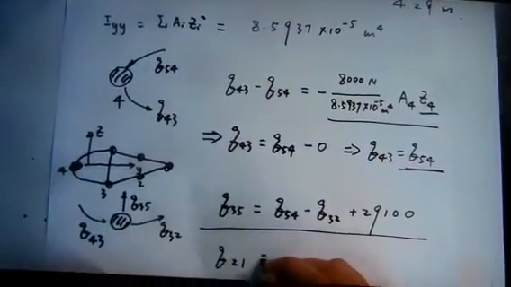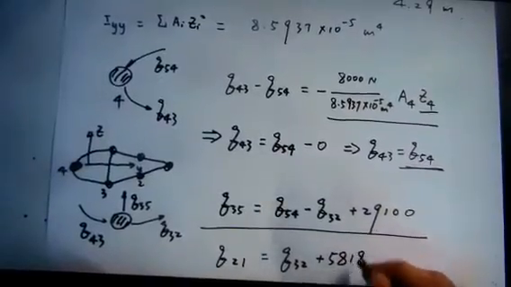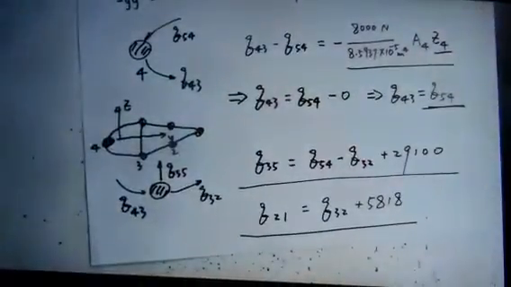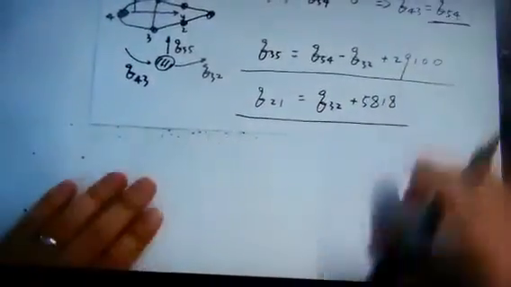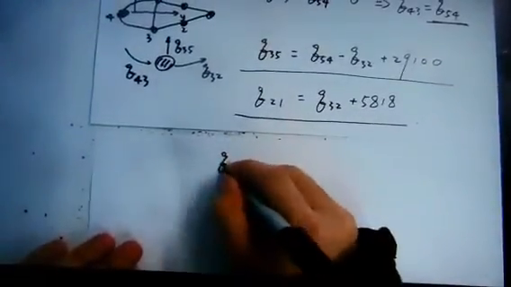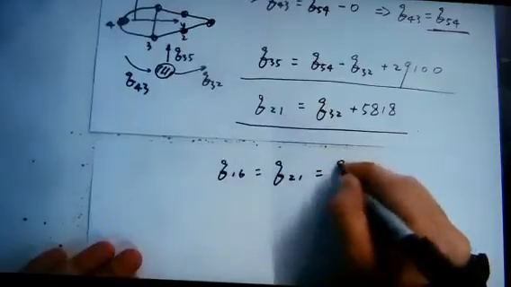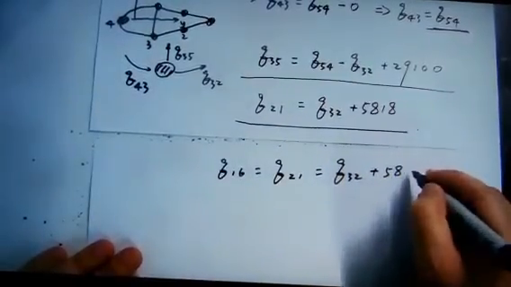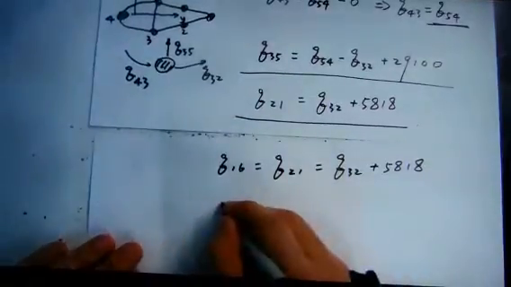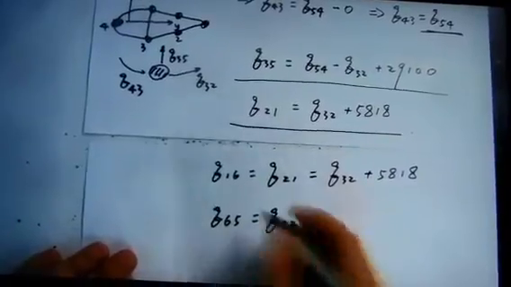Q1 equals Q32 plus, so this is Q21, and Q16 equals Q21 equals Q32 plus 5,800, and Q65 equals Q32.